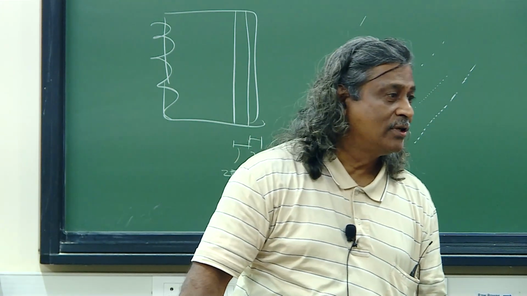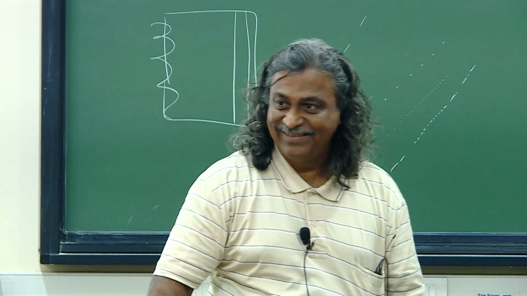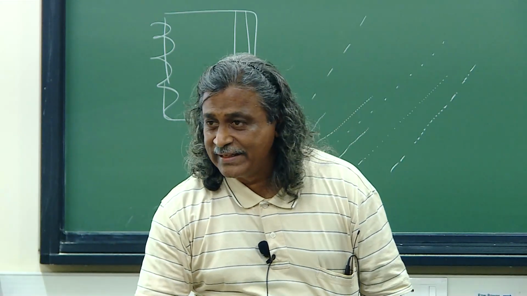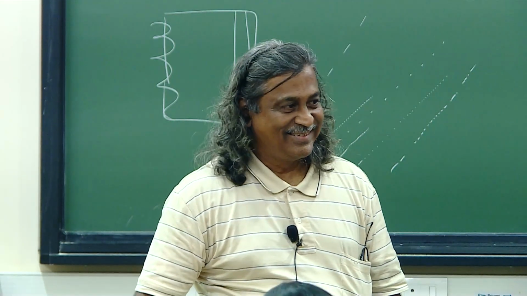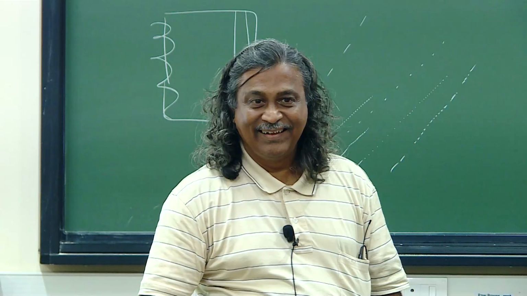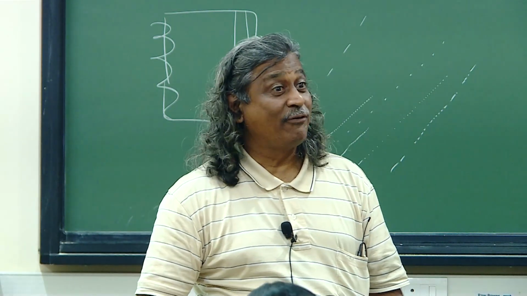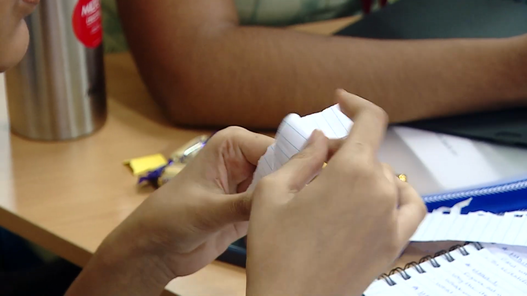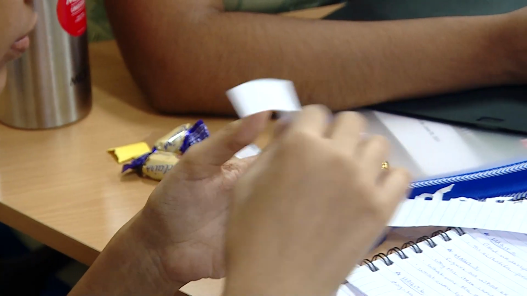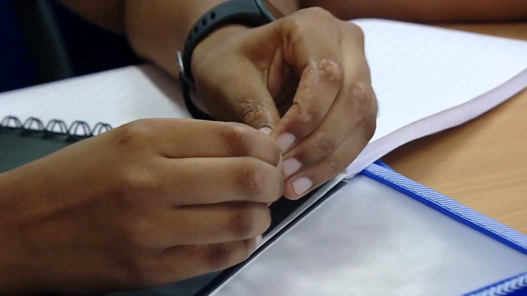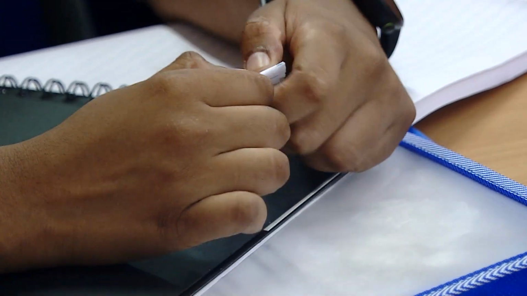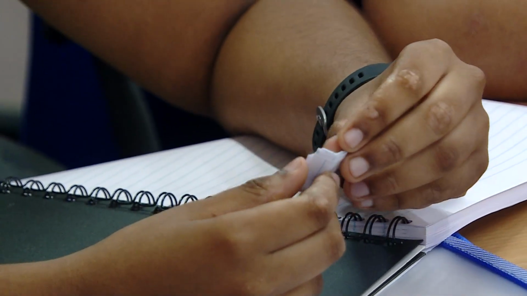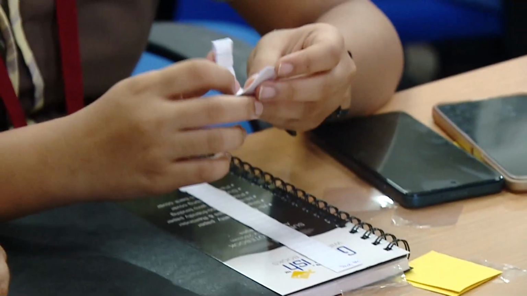If it is 4 folds, it is, and if it is 3 folds, it is, if it is 5 folds, so 1 centimeter you can have, correct? And if you want to be more ambitious, you can fold one more time and you will get, very good.